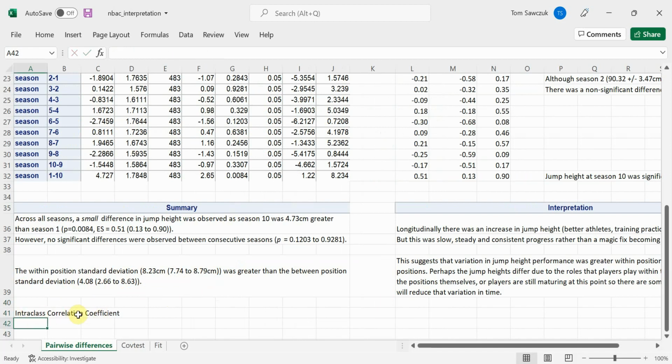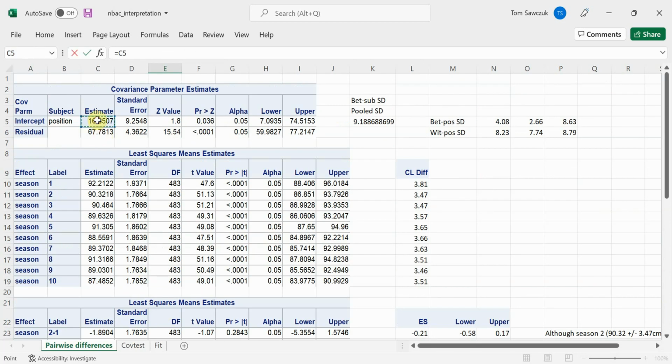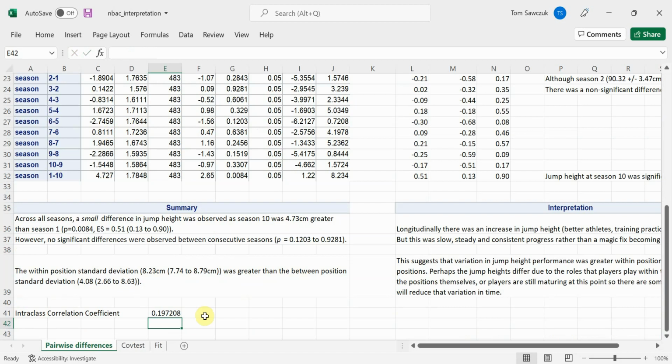And the intraclass correlation coefficient is just equal to the between position variance divided by the sum of all the variances. And to give that a quantification, you can see that approximately 0.2 of the variance in the model is described by the between class differences. So there's a lot that happens outside of those between class differences to cause the variation in jump heights.